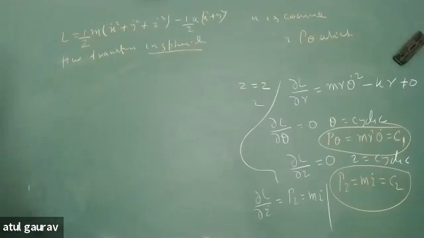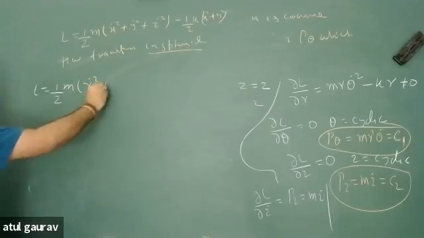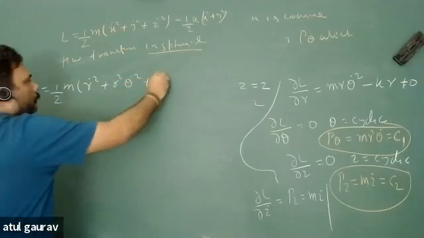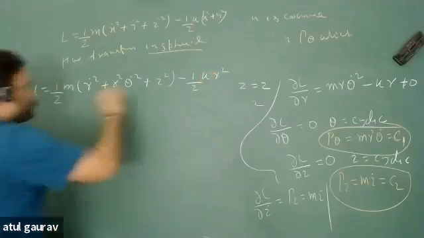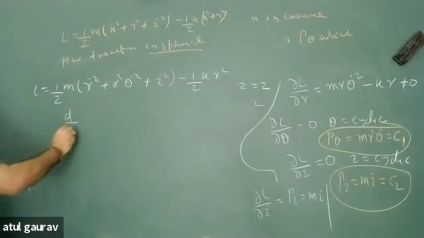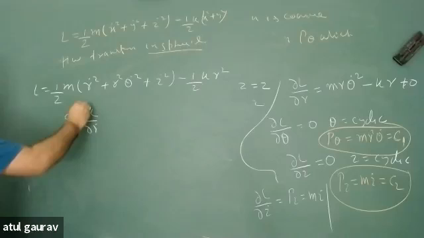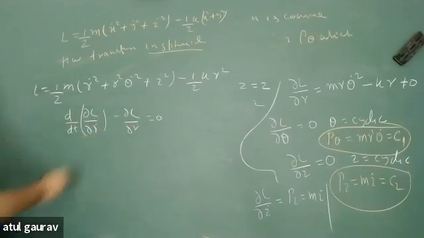So when you go for the equation of motion, what is my Lagrangian? The Lagrangian is half m times r dot square plus r square theta dot square plus z dot square, minus half k r square. So we just go for the equation of motion: d upon dt of del L upon del r dot, minus del L upon del r, is equal to 0.